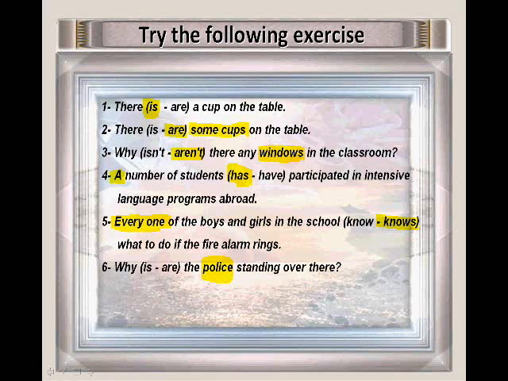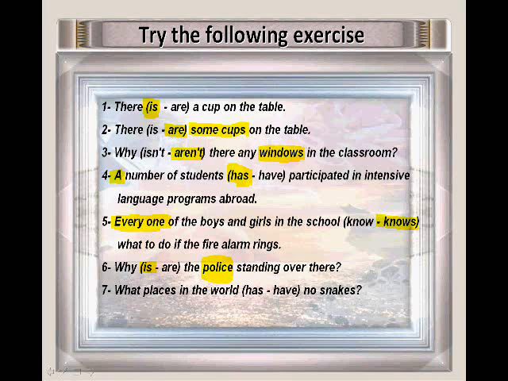If it is as individuals, then the verb is going to be plural. So in this case, of course this is a whole, so it's going to be the singular verb is. So it will be, why is the police standing over there?